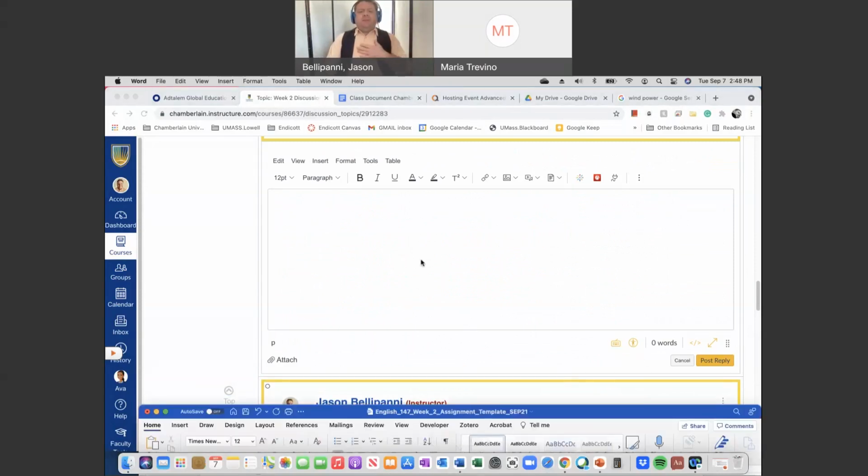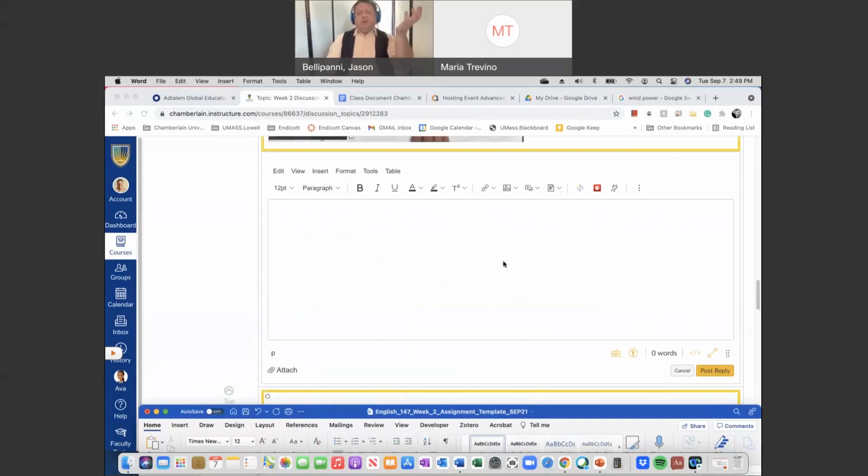If I have my position, I want to find an opposing position and then refute it and shut it down. Eventually you'll want three of those, but for the discussion you only need one.